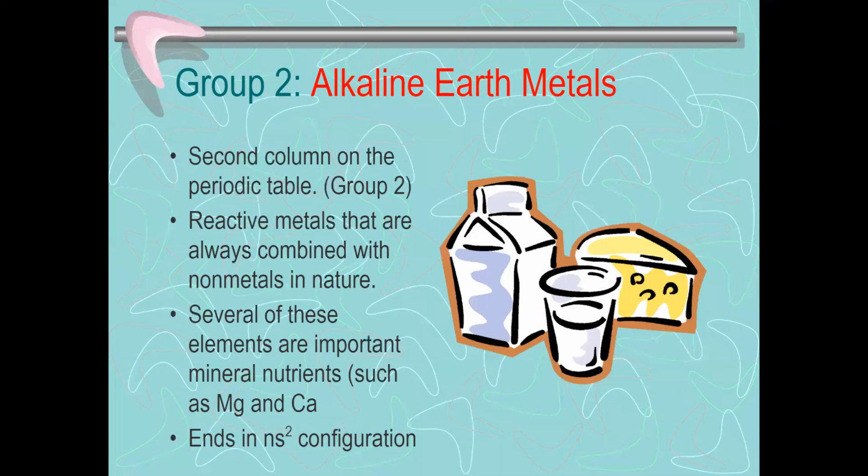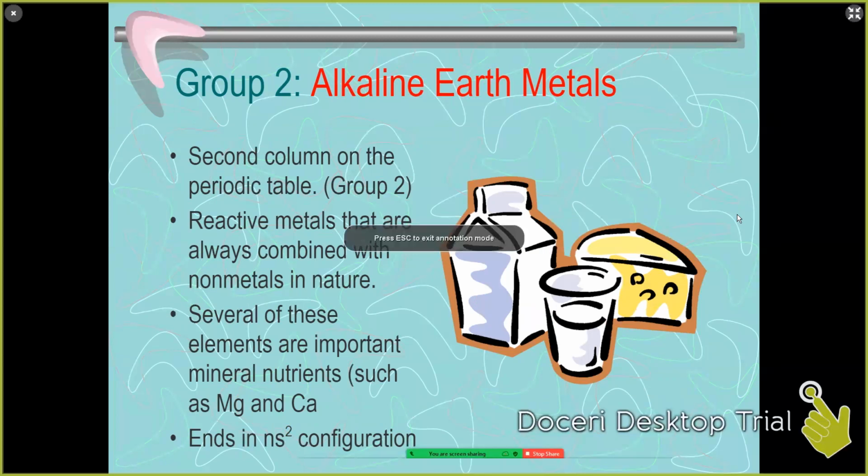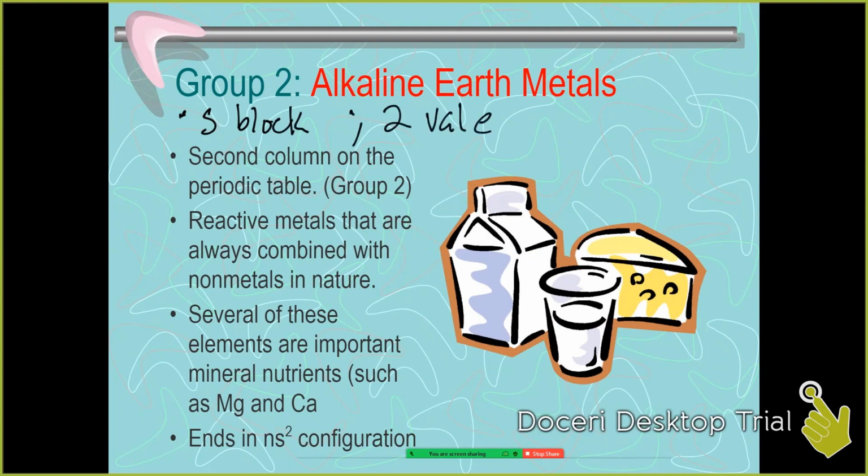All right, then we have group 2, which are our alkaline earth metals. They're still very reactive. They are also S block elements, and they have 2 valence electrons. A little bit less reactive than group 1.